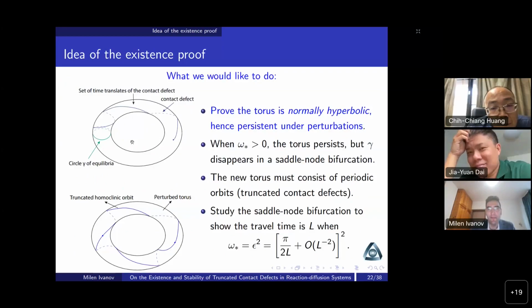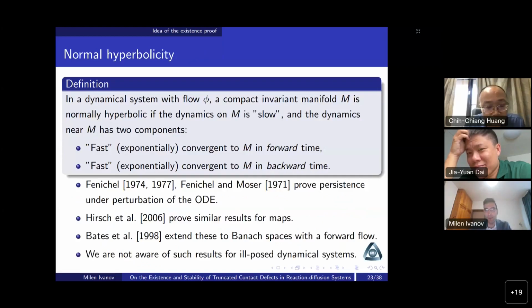So in the full setting, we need something else. But I'll just briefly outline what has been done on normal hyperbolicity.